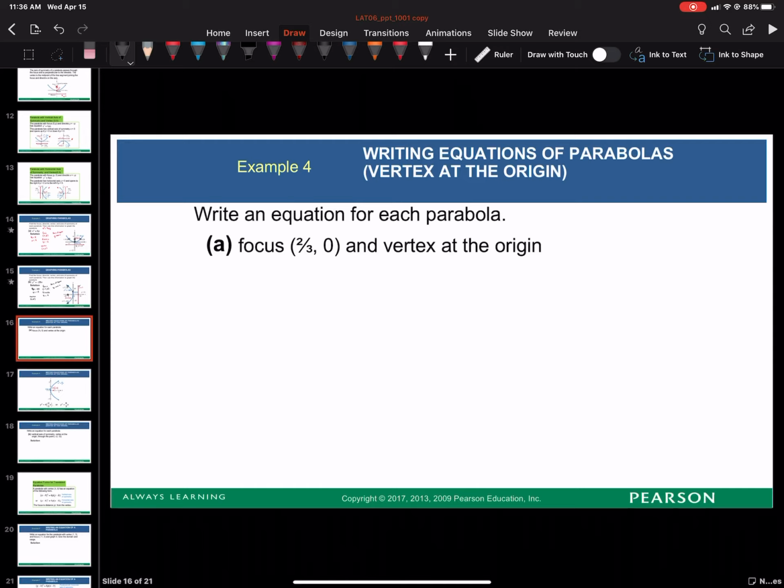So now we already know what the vertex is, (0, 0). So now we can go ahead and plug in what our p is. So we have y squared is equal to 4 times 2/3 times x. Because remember, we already know what our p is, so we can just plug in p. So y squared is equal to what? 8/3 times x.